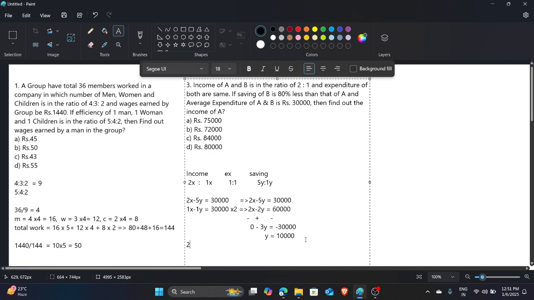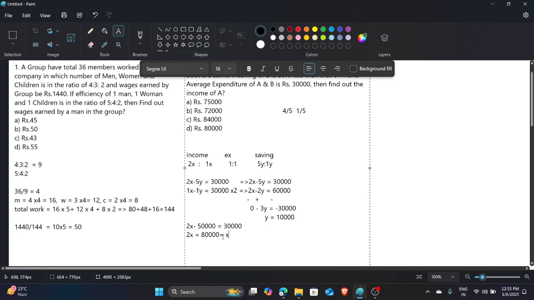In the first equation I place the value, so here I directly write 15,000, and it is equal to 30,000. So the 2x value is this plus this, which is 80,000.